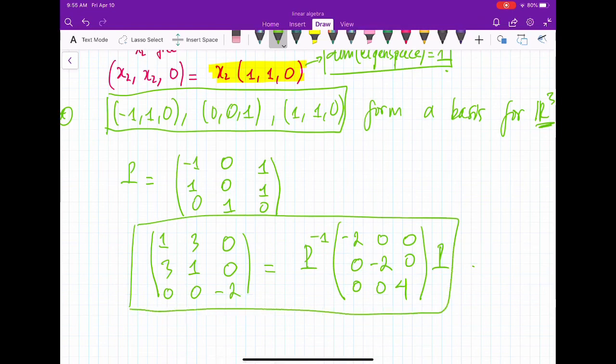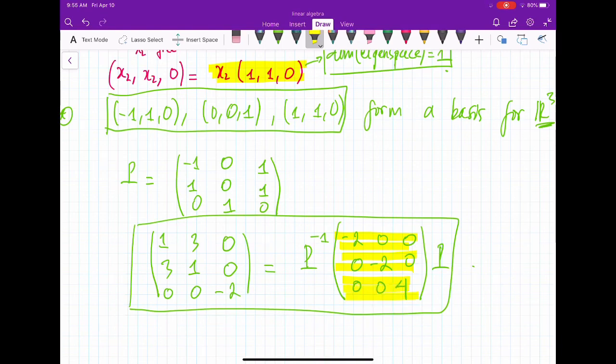that means we already found the matrix P that diagonalizes our matrix. Or we already found the matrix negative 2, 0, 0, 0, negative 2, 0, 0, 0, and 4.